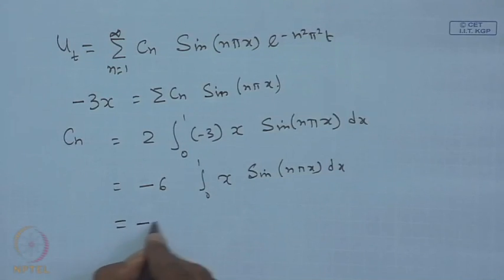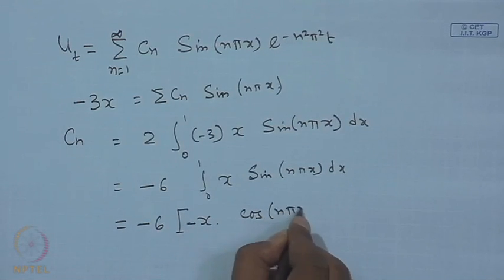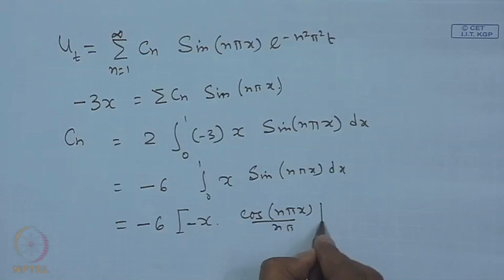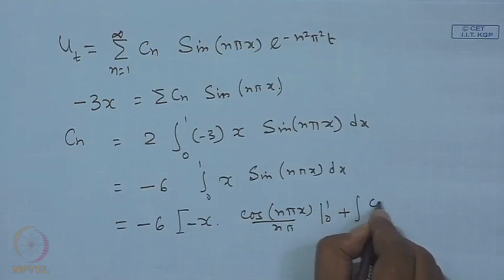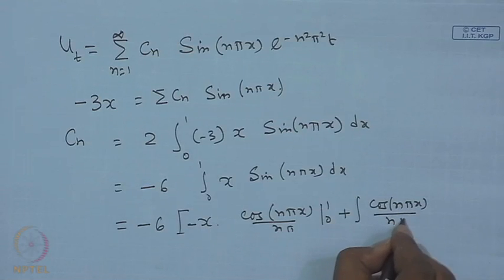Let me try to finish it off. So, first function, integral of the second function with a minus sign, divided by n pi. So, integration of sine is minus cosine n pi, so that is why this minus comes, 0 to 1, minus minus plus, differential of the first function, integral of the second function, divided by n pi dx from 0 to 1.